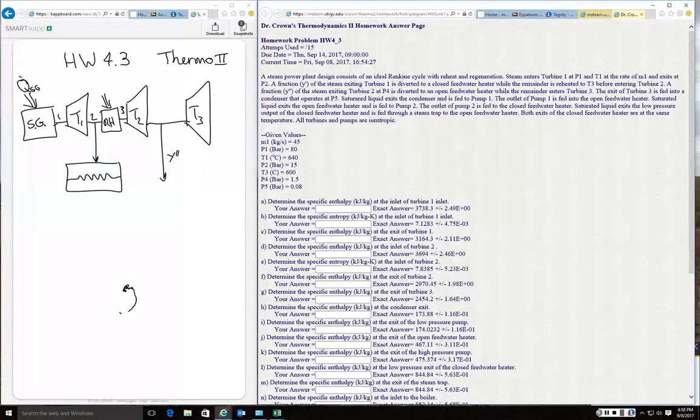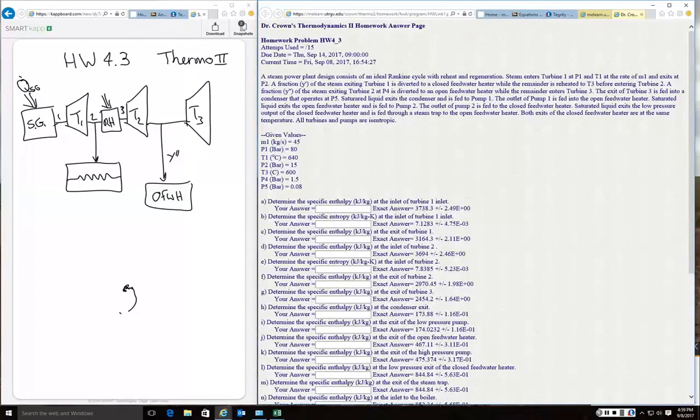Of course, we have 2 pumps, we have a condenser, we have an open feed water heater. So it's not too different from the other problems. I don't know that there's any new component that we need to consider. Just include the reheat in our final efficiency equation.